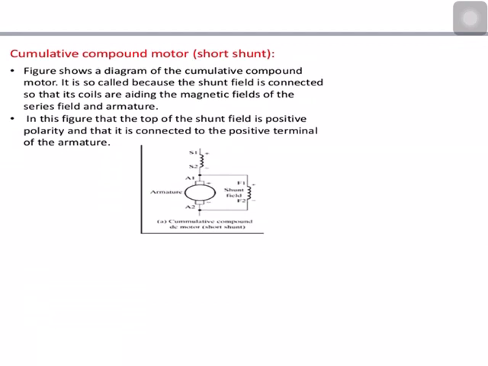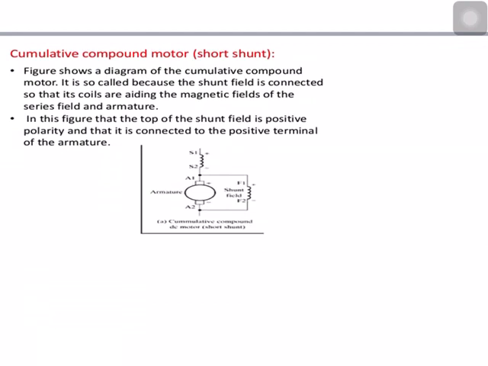Cumulative compound motors are used where series characteristics are required, but the load is likely to be removed completely. The series field winding takes care of the heavy load, whereas the shunt winding prevents the motor from running at dangerously high speeds when the load is suddenly removed.